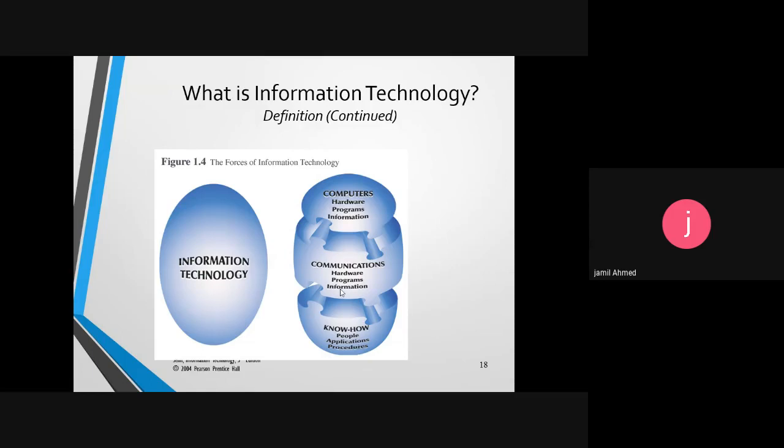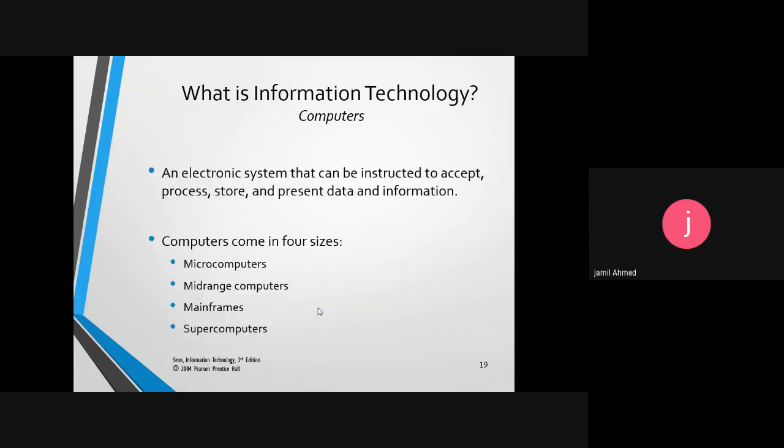And if there is know-how, what type of people are there and what businesses are running there, according to that the applications are built, and the system is automated by using computers and communication technologies. When both these technologies are merged, it is known as computer information technology.